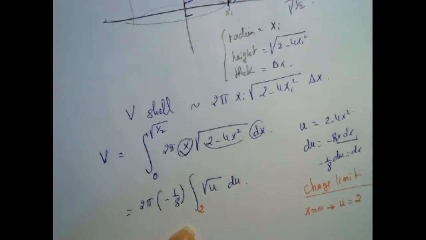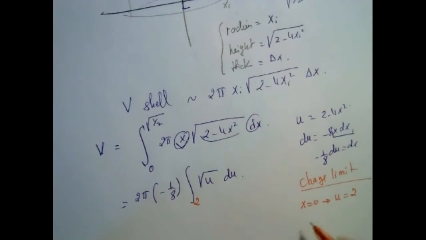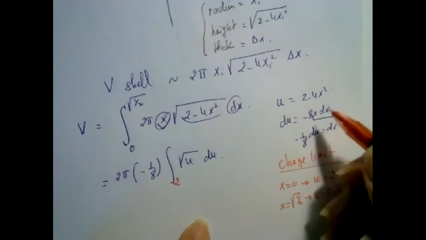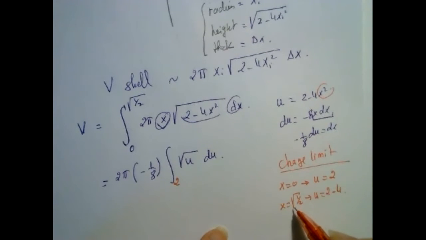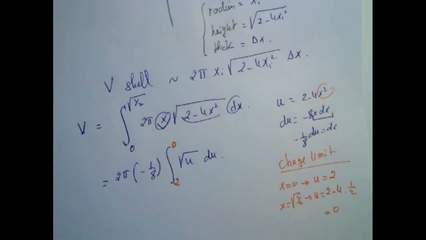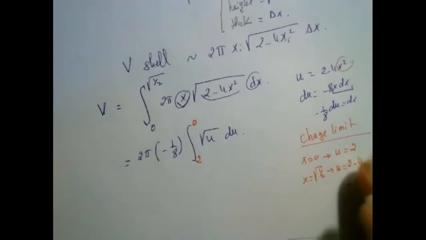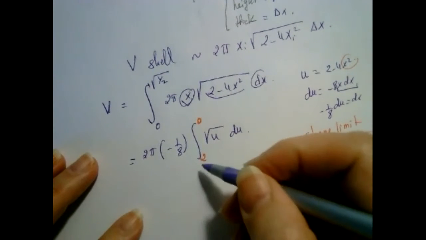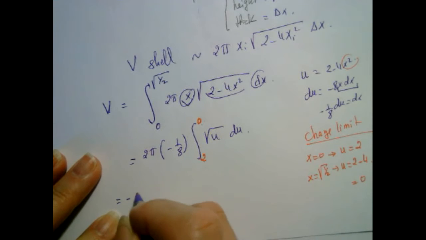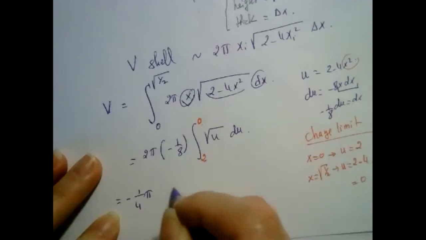So that will become a 2 in here. And if x equals the square root of 1/2, my u becomes 2 minus 4 x squared. The square root of 1/2 squared is a half, which gives 0. Now I have a very simple integral in u with the new limits, which are fairly simple. Then I will have minus 1 over 4 pi antiderivative.